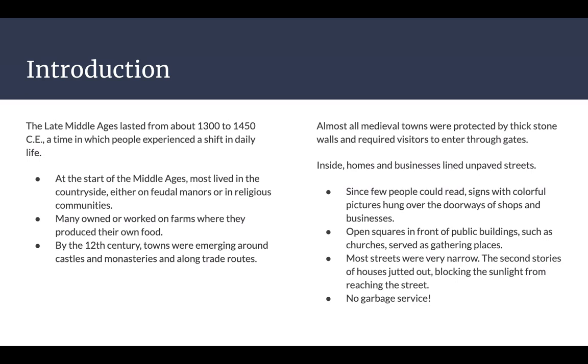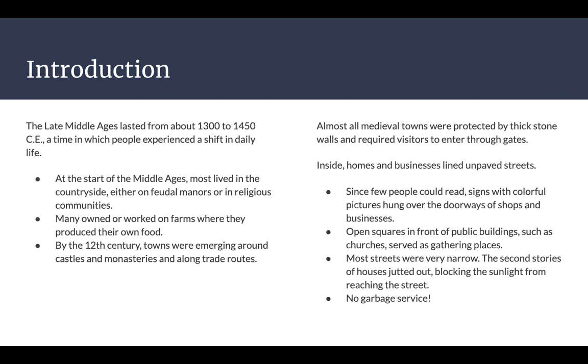So at the start of the Middle Ages, the early Middle Ages, most people lived in the countryside, either on feudal manors or in religious communities. Many people owned or worked on farms where they produced their own food. But by the 12th century, towns were emerging around castles and monasteries and along trade routes as well.